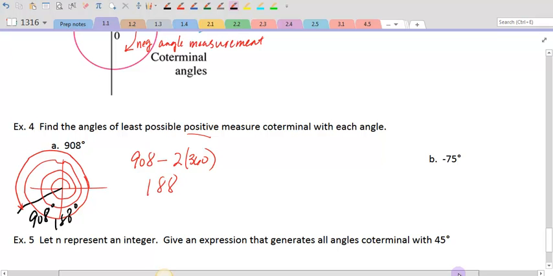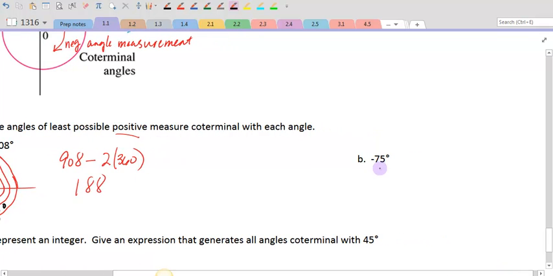All right, let's look at one that's negative. Let's look at this one over here. If I have a negative angle, remember I told you that if I move counterclockwise, I'm positive. Well, I'm not moving positive. I have a negative angle. So if I move negative, then I'm going to be somewhere over here in quadrant 4. How do I know that?